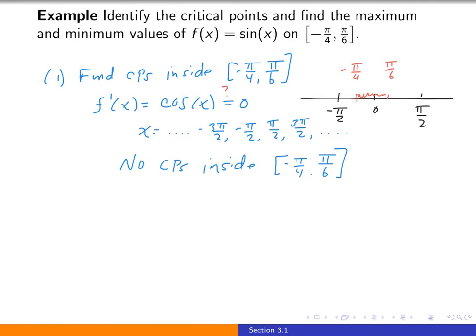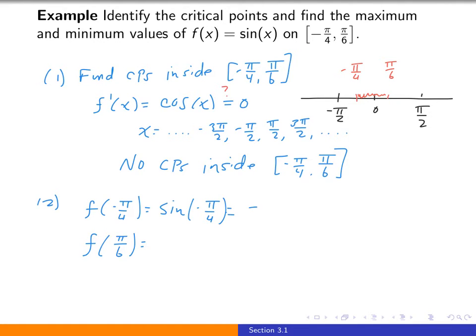So the second step is to evaluate the function values at the endpoints and any critical points inside the interval. There are no critical points inside the interval, so we just need to evaluate it at the endpoints. So f of minus pi over 4 is sine of minus pi over 4, which is a common value.